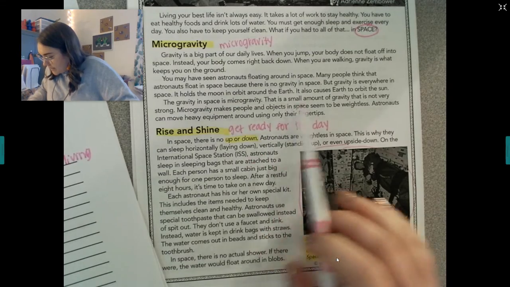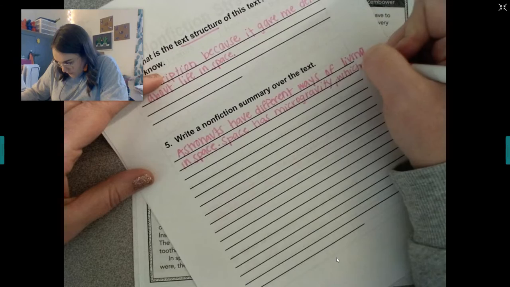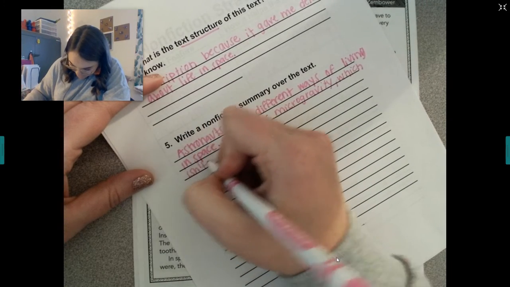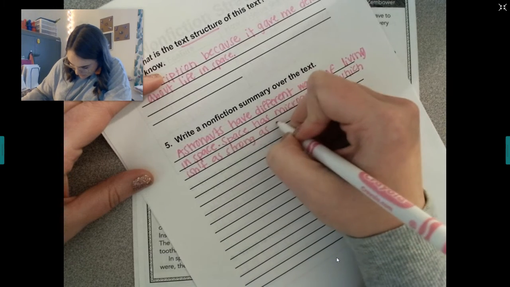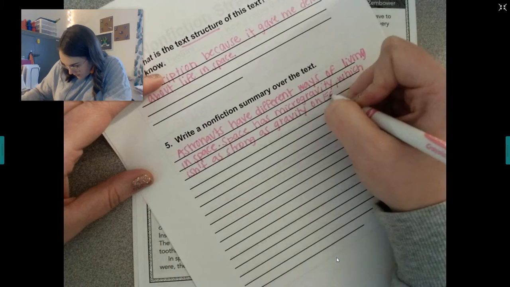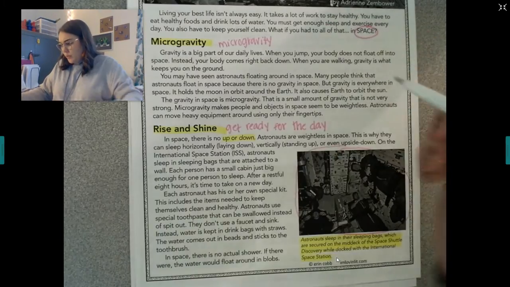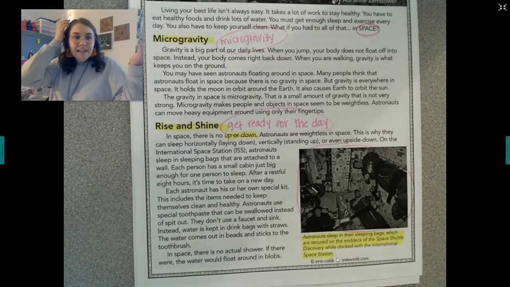Has microgravity, which isn't as strong as gravity on Earth. Now, as I was going through here, I wrote these little blurbs, and I can use those to help with my summary.